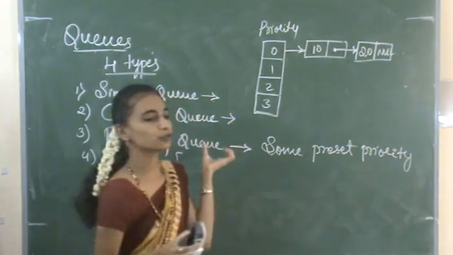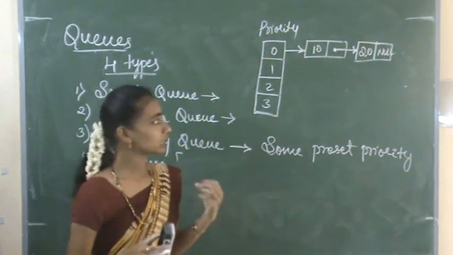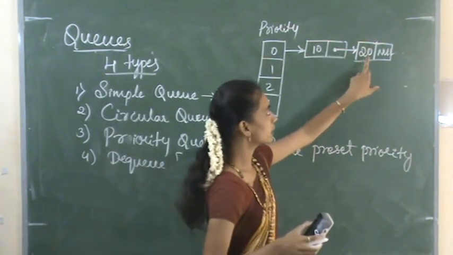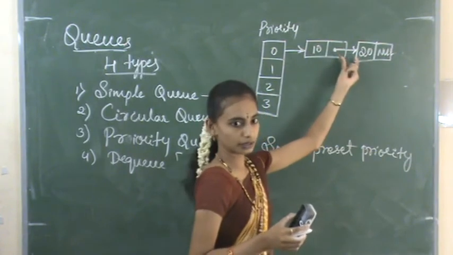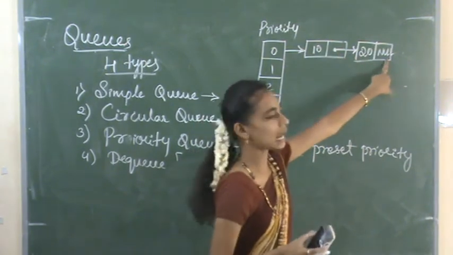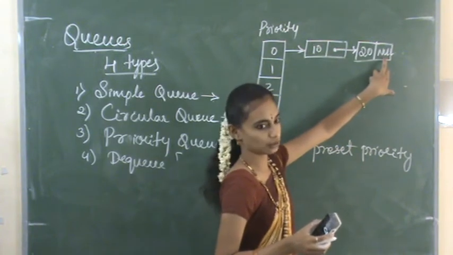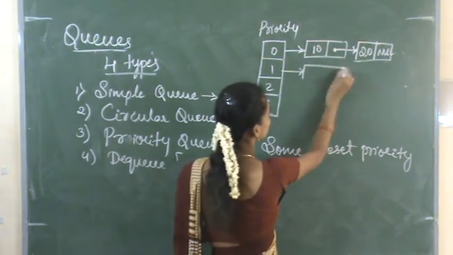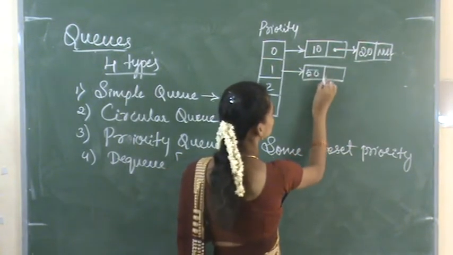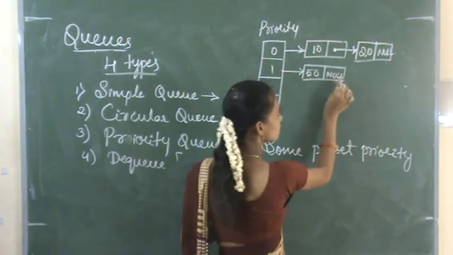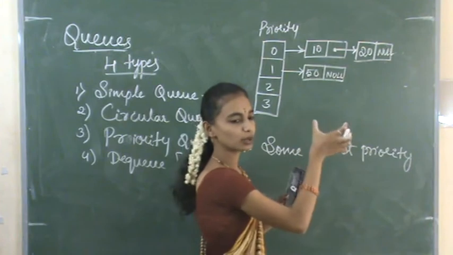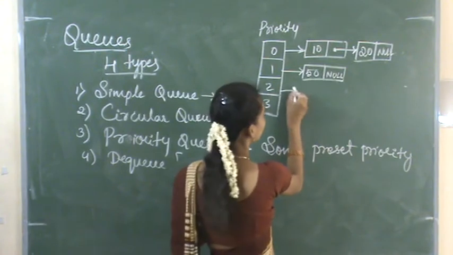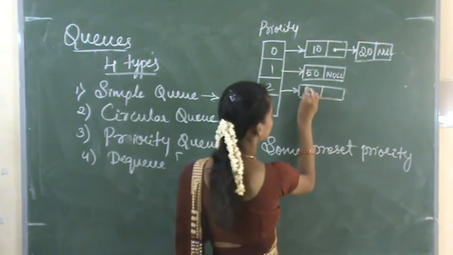In this priority queue, we are using the concept called a linked list. Linked list means one element is linked with the other element through a link. If it is the last element, we have to provide the null value, so that's why I have written null here. This null indicates the last element in the queue.